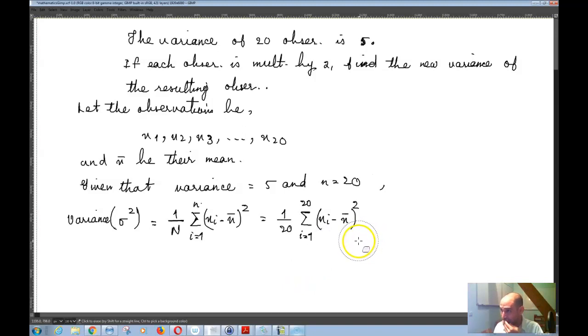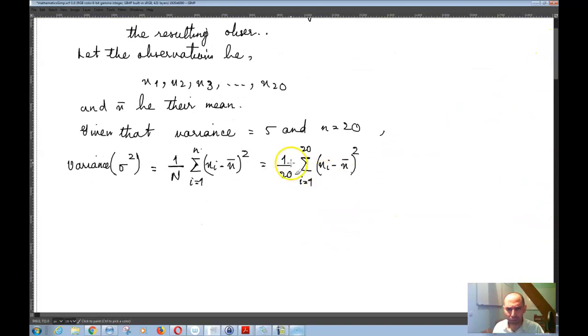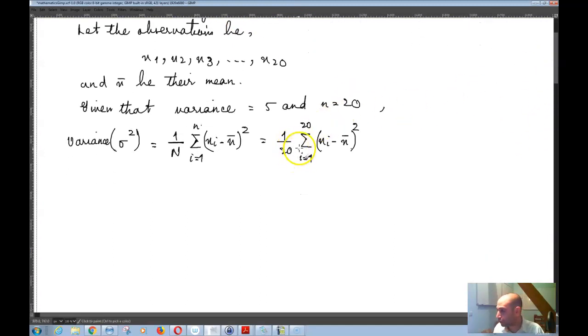Based on this equation, I see. Oh, that was so simple, I missed the point. Okay, so now, you know that the variance here is equal to 5.